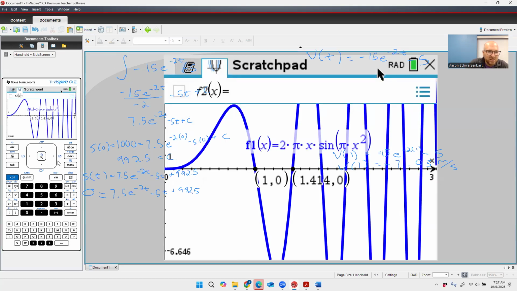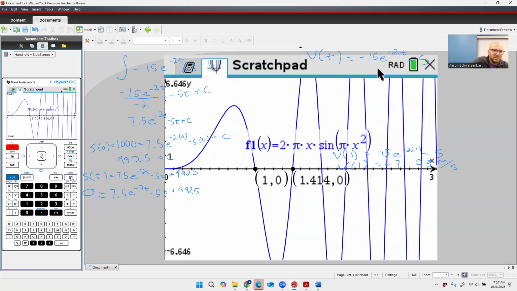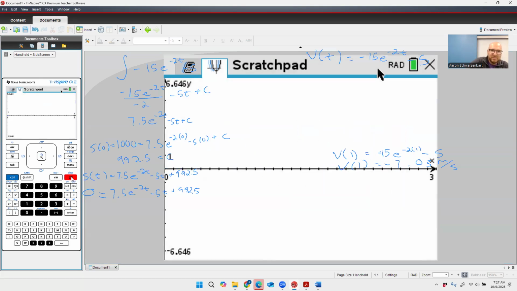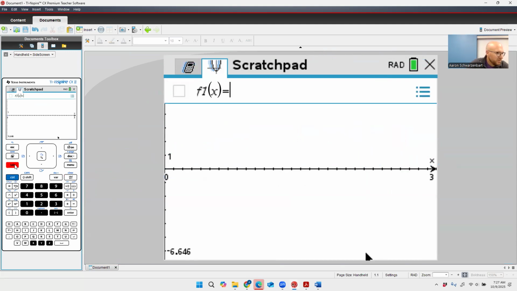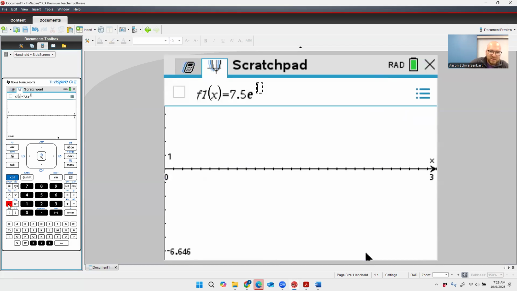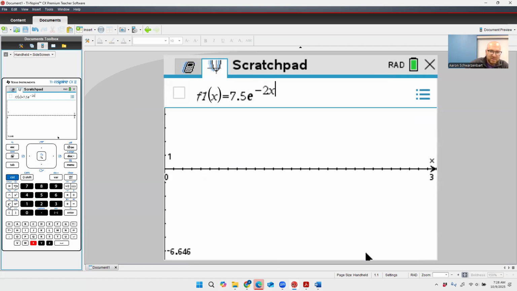I'll clear this out and clear off my screen. Then enter 7.5 e to the negative 2x minus 5x plus 992.5. Make sure to use x, not t.